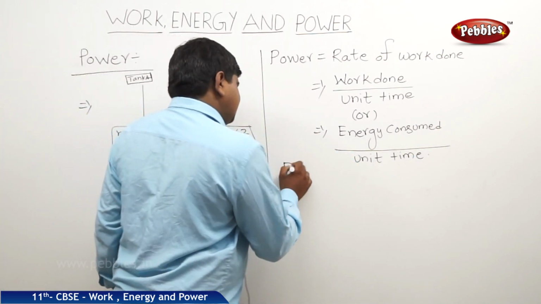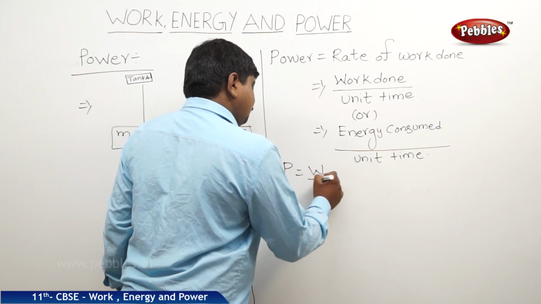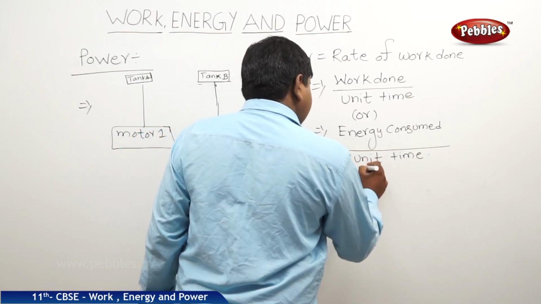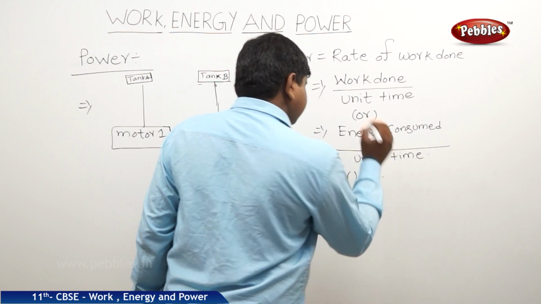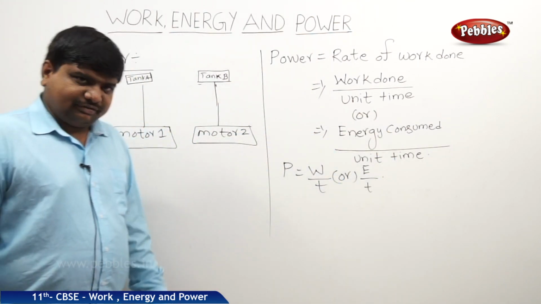So power is equal to W by T or E by T. This is the definition of the power.